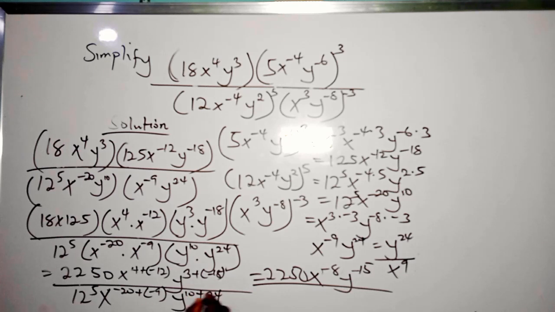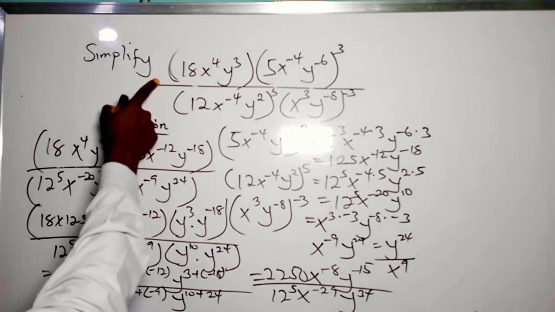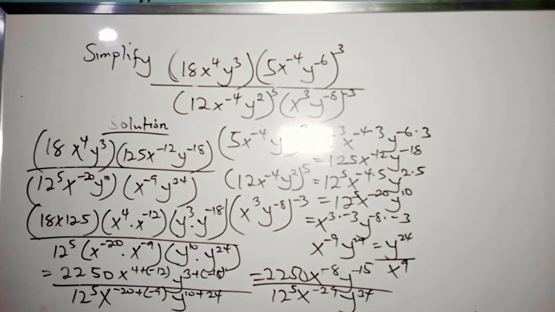Divide by 12^5. X raised to the power minus 20 minus 9, we have minus 29. And for the y term, we have the power to be 34. So these are our results. By the time we simplify these, we have this. Thank you very much.